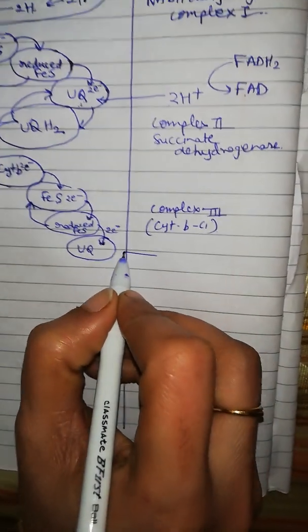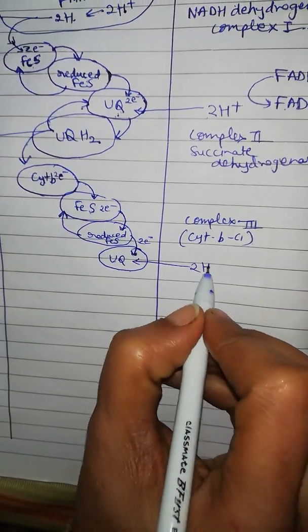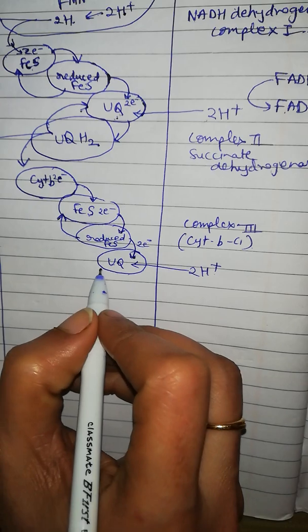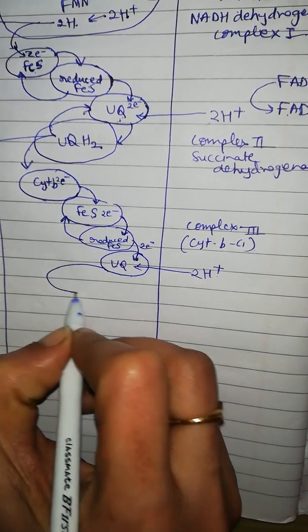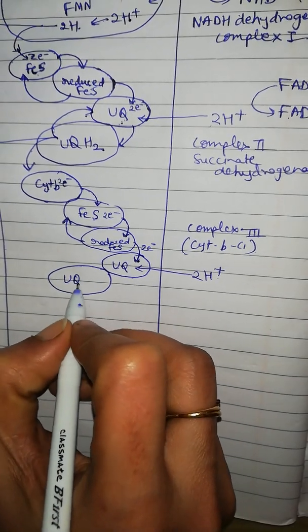And then this ubiquinone picks up 2 hydrogen ions from the matrix and it gets reduced to ubiquinol.